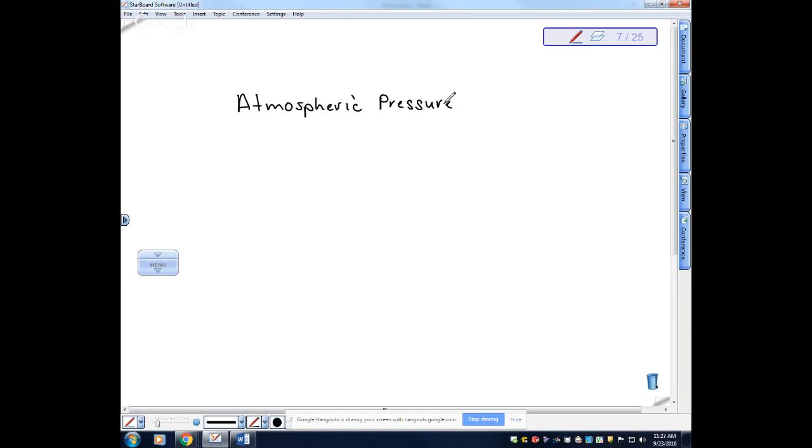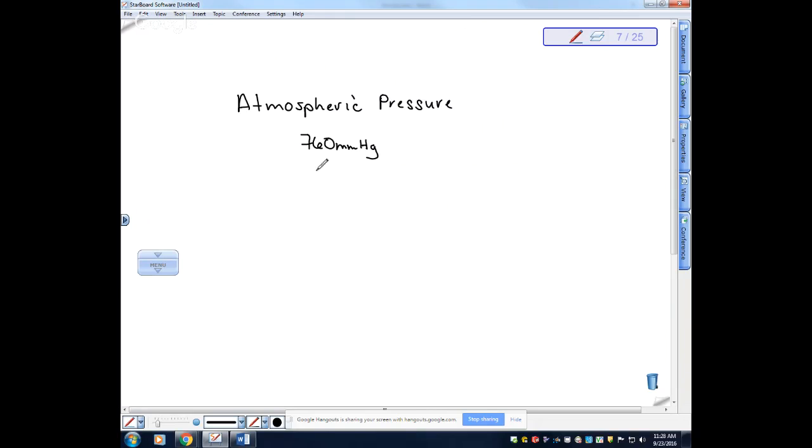At sea level, the standard atmospheric pressure is 760 millimeters of mercury, right? So what this pressure does is it allows for gas exchange. And so oxygen has to be at a higher pressure outside than inside in order for it to move in.